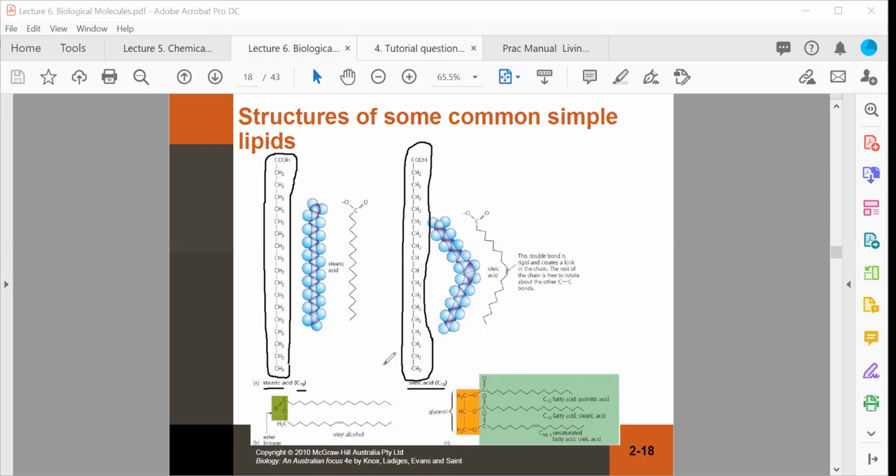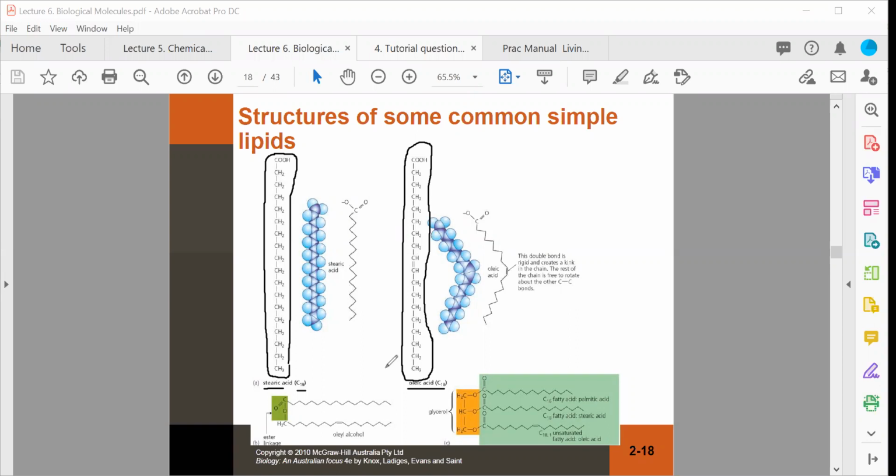What is the difference between these two? Who can spot the difference? There is one difference between stearic acid and oleic acid, and it makes an incredible difference. Yes, the double bond.